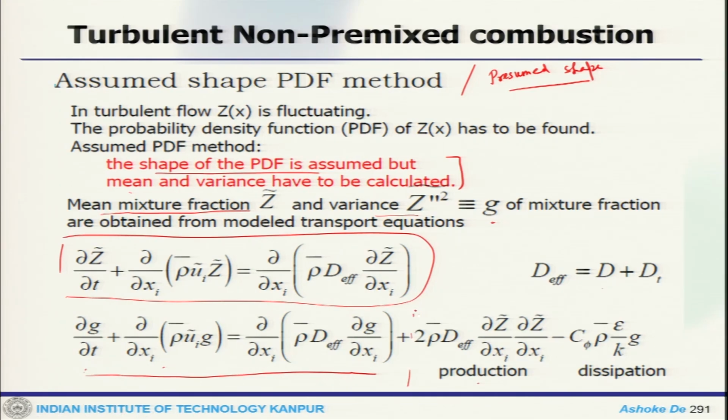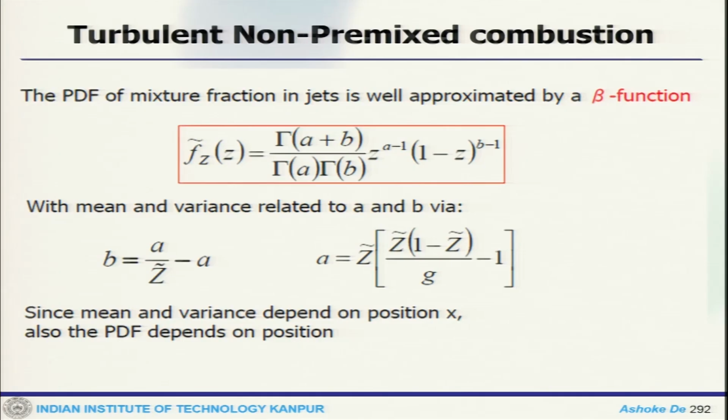These are the two terms which we come across when we derive the mixture fraction variance. The production depends on the mean mixture fraction because it is the square of the gradient of the mean mixture fraction, and the dissipation term depends on a ratio of time scales, C phi and the turbulent time scale. So, that allows some sort of a ratio between these two. That is what one can get.